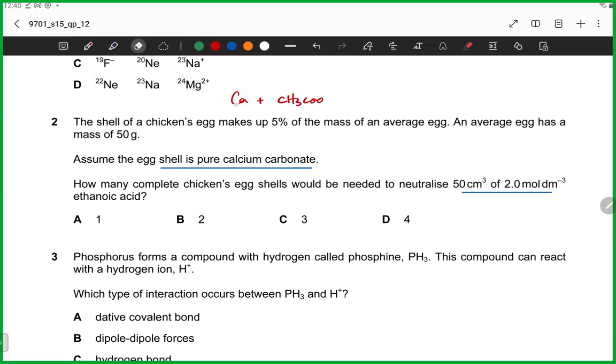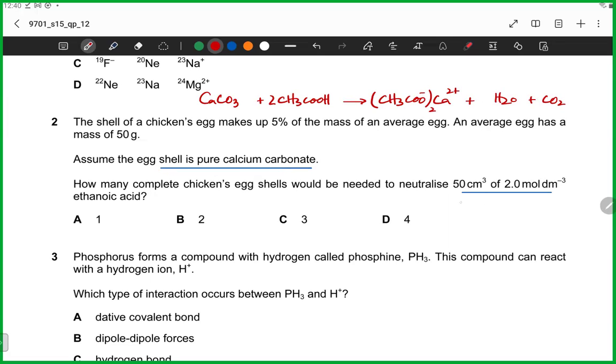Sorry, it's calcium carbonate. So it's going to be plus water plus carbon dioxide.